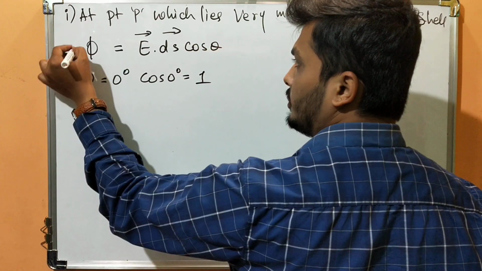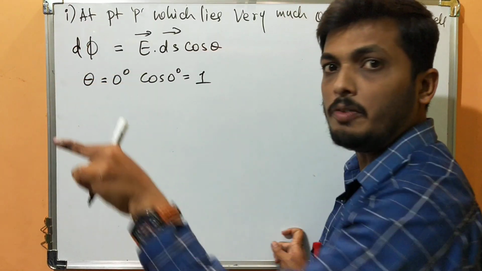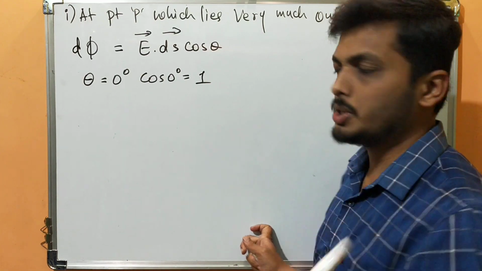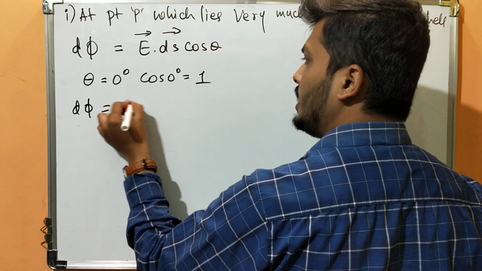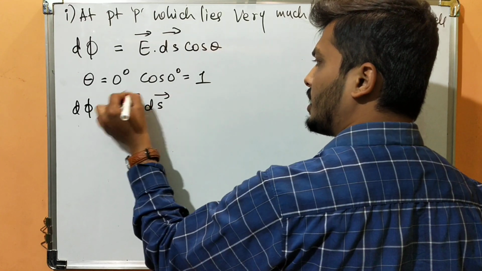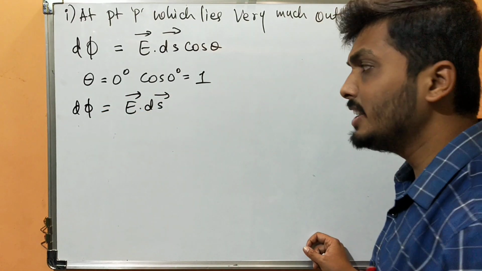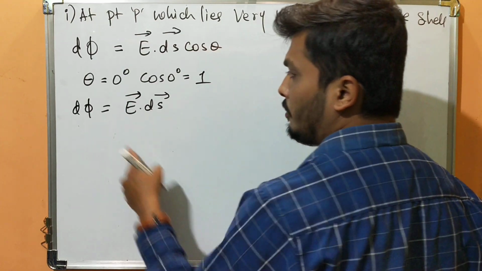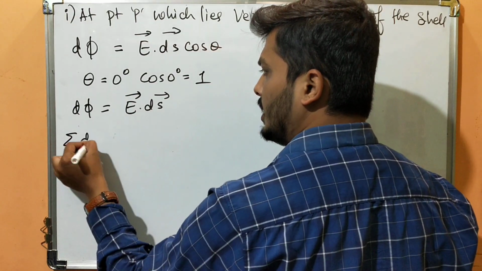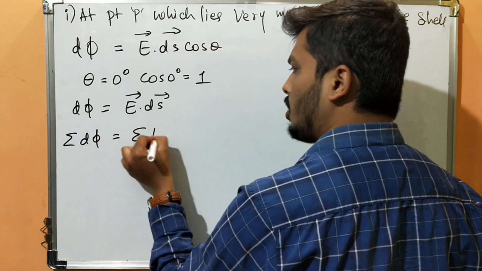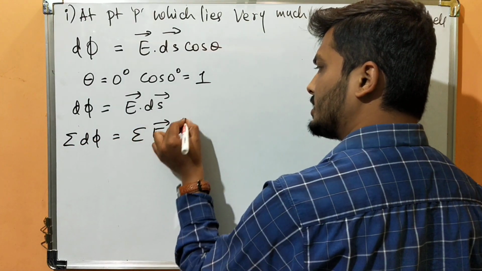So what do I get? Sorry, I need to write d phi, which indicates that small portion. So d phi will be E delta s. You can write it in vector form or leave it; at the end, in generalized form, you can write it. Now what did I do here? I took the summation of d phi and the summation of E ds.